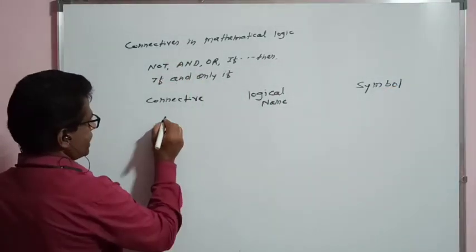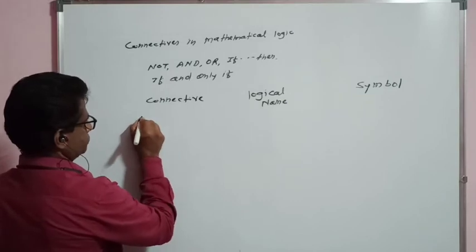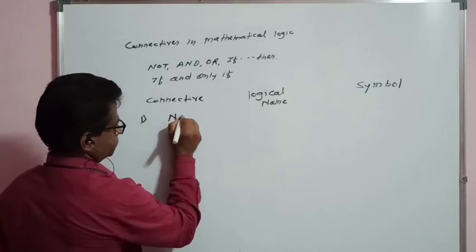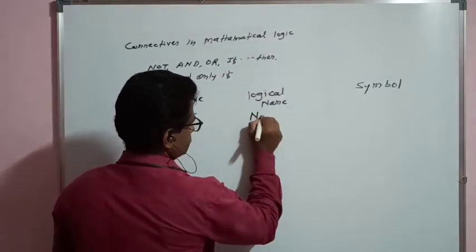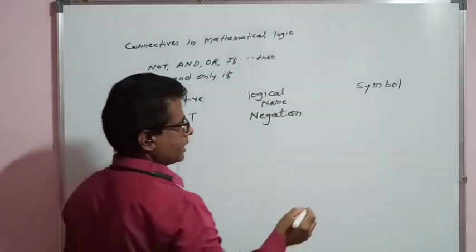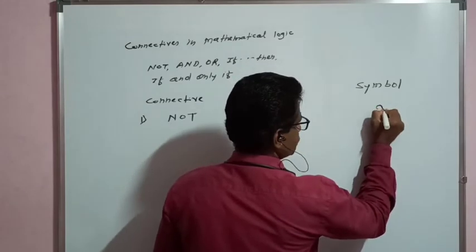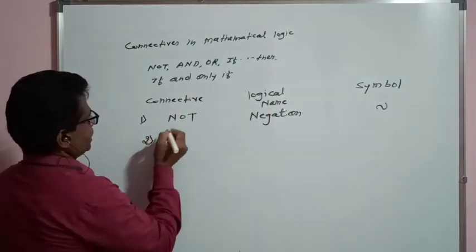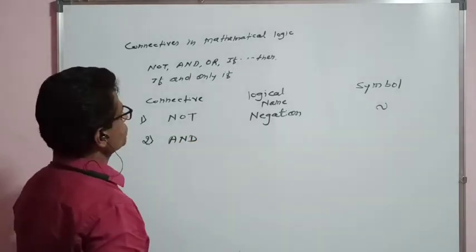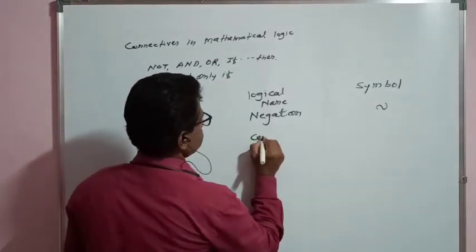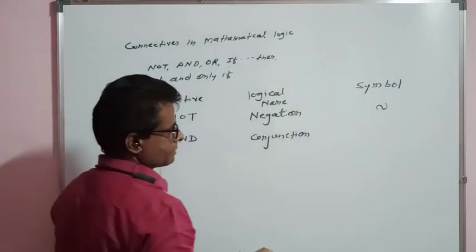Say the first connective, not. Its logical name is what? A negation, symbolically represented by this notation. Take the second one, and. Its logical name is what? Conjunction. Its symbol is what?